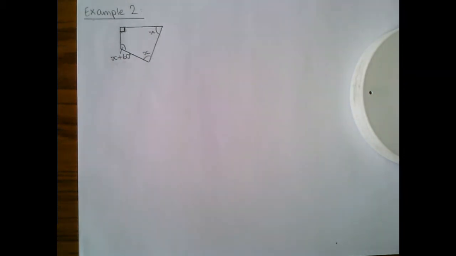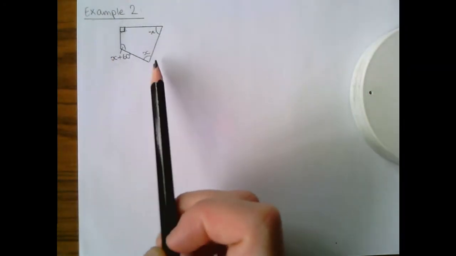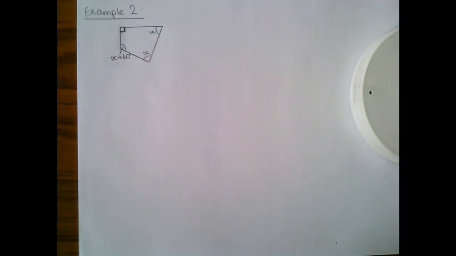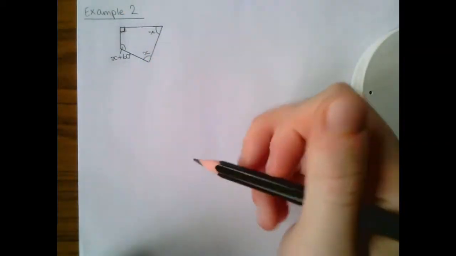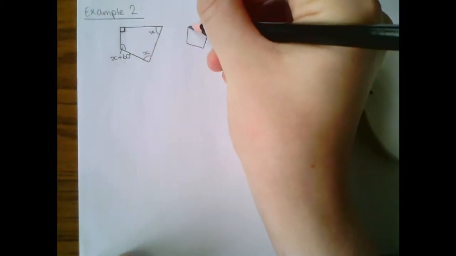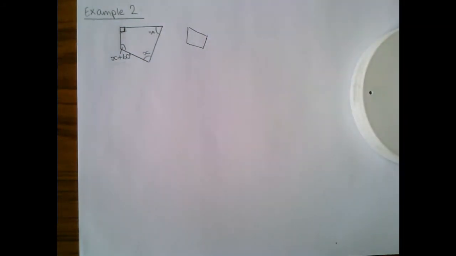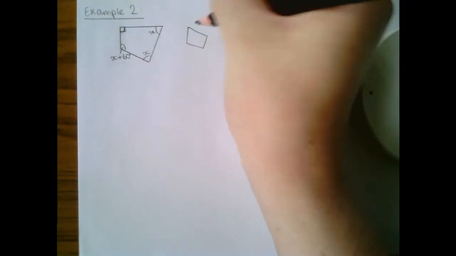Well, I know that in a quadrilateral, a four-sided polygon, we have 360 degrees. I'll explain how we know that. All of these angles are going to add up to 360. A quadrilateral is a shape with four straight sides.